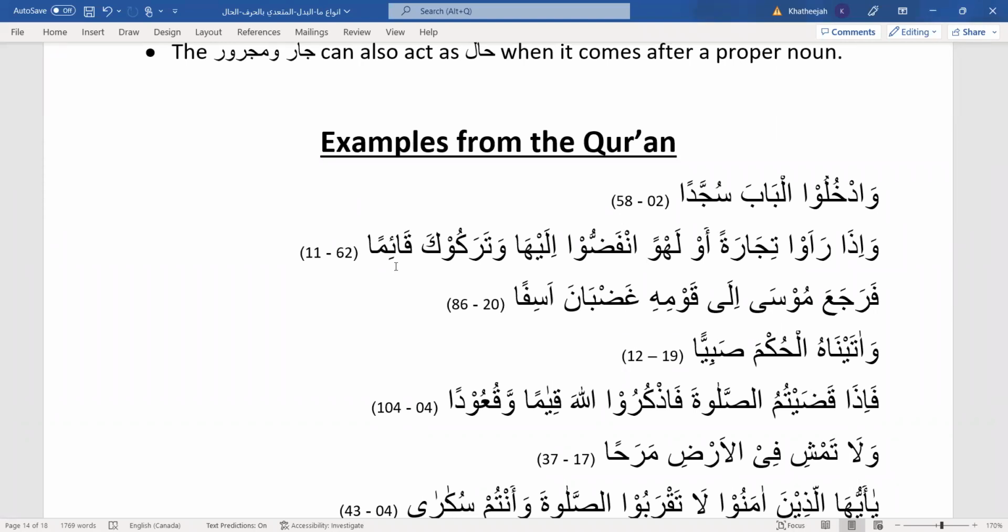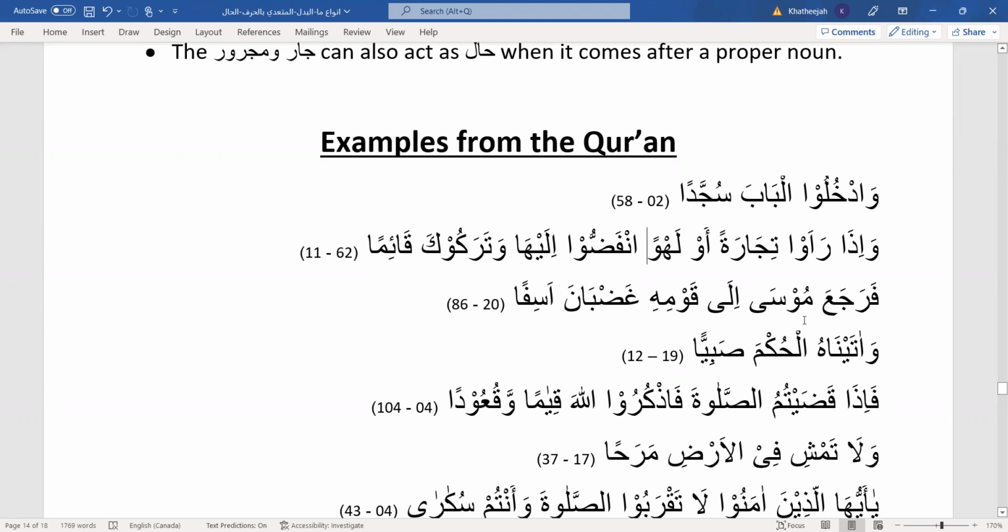It is mansub and it is nakira, and it is describing the state of ka. They leave you standing. So it is describing the state of maf'ul here. In the previous example, hal was describing the state of fa'il. And qaiman is an ismul fa'il, which is used as hal here.